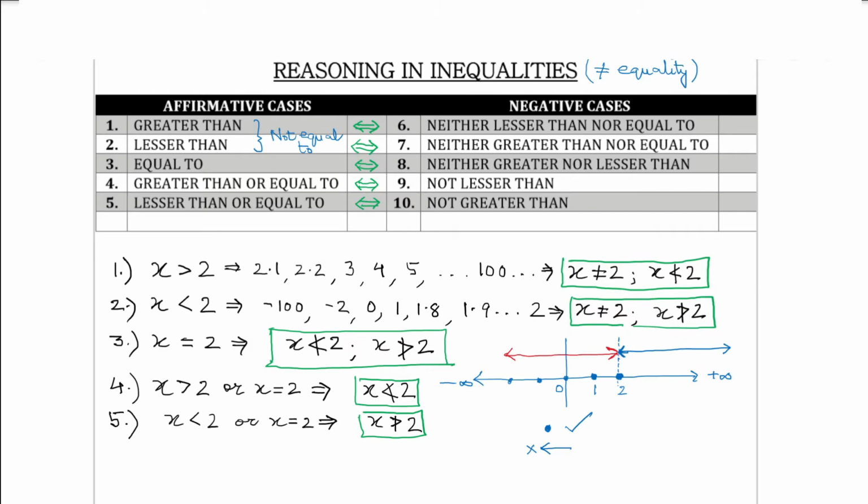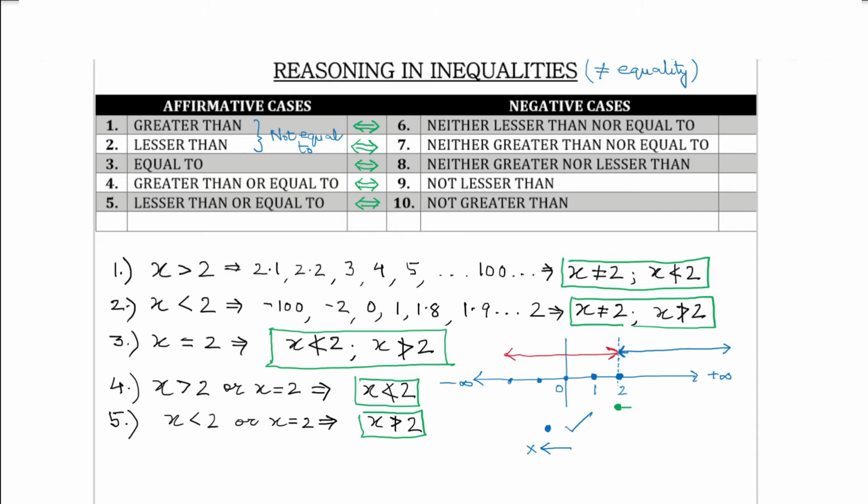Okay, now if I have to represent x is greater than or equal to, and let me use a green colored arrow here. So if I have to represent x is greater than or equal to, what will I use?